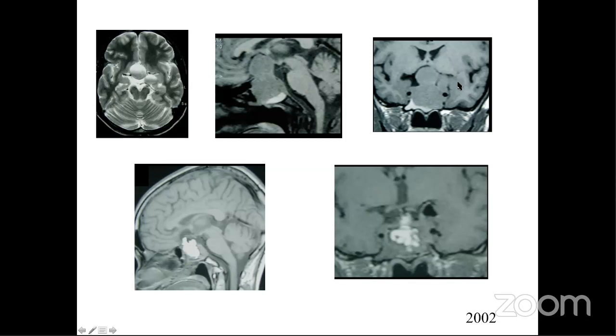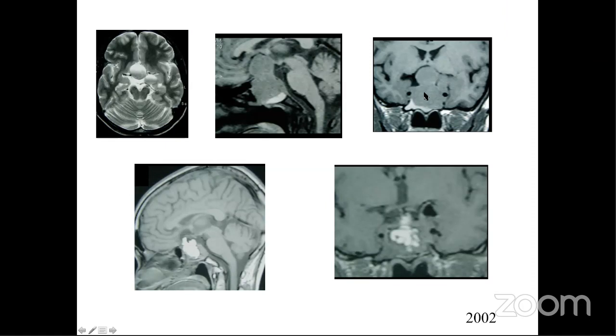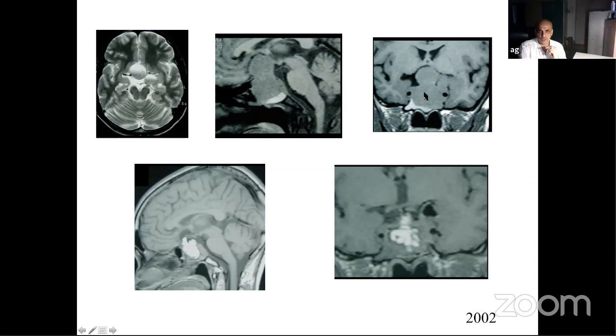In our article, we were the first to introduce this concept in the literature, that this dura is going to be intact, and it is extremely rare that the tumor goes beyond the dura. There is method in this madness, and this madness is respected by this most benign tumor, and that is pituitary.